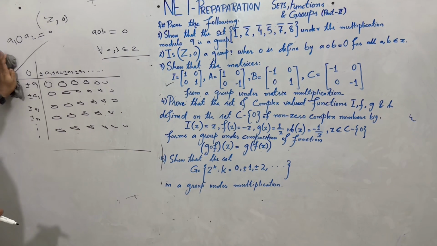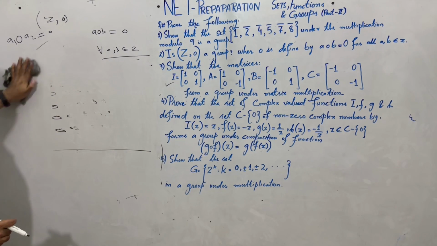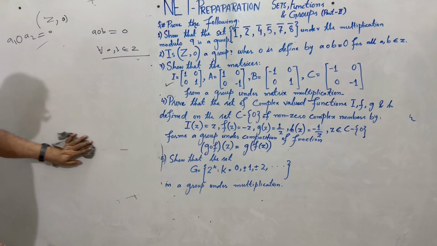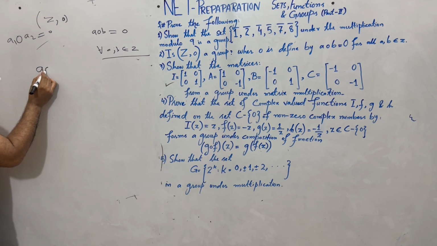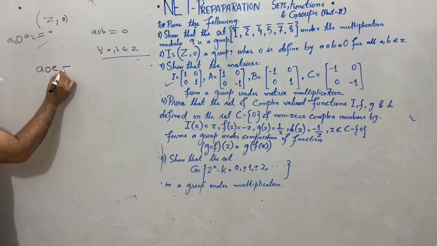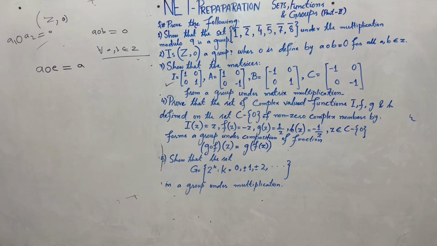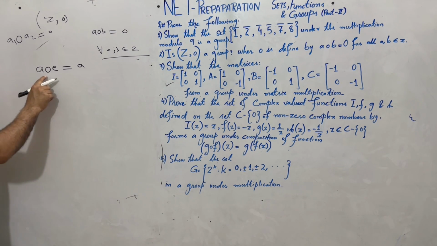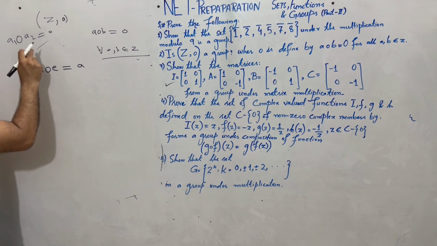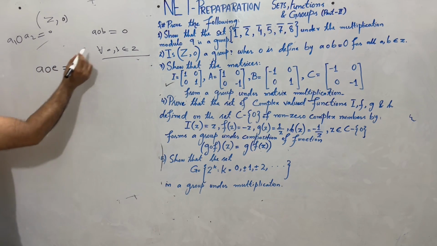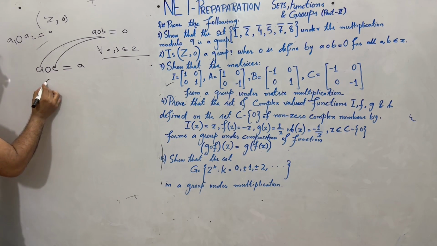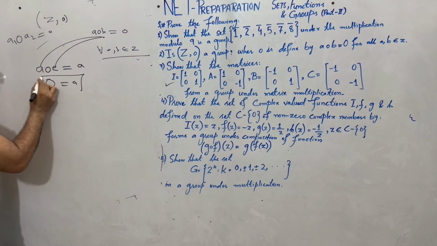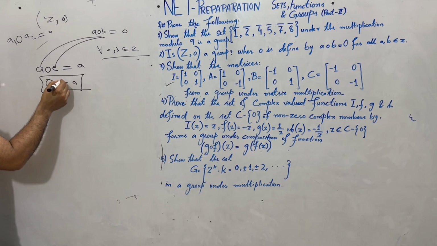What about other properties? Let's see and find out. The definition of identity is a star e is equal to a. According to this operation, a star e gives 0, so 0 is equal to a. So we are going nowhere.